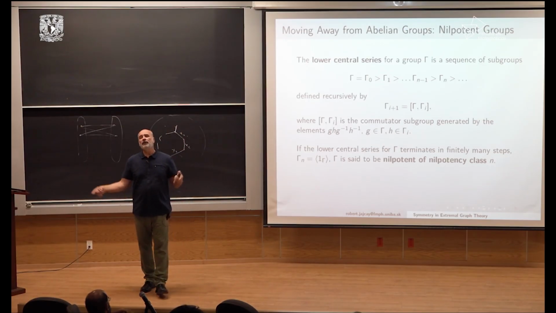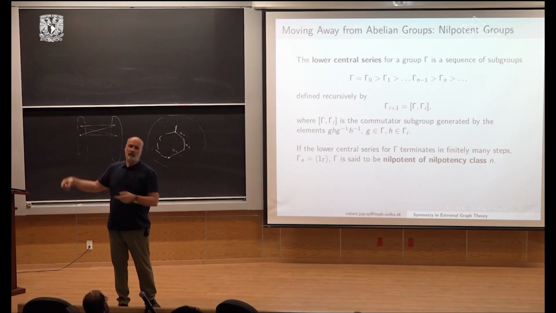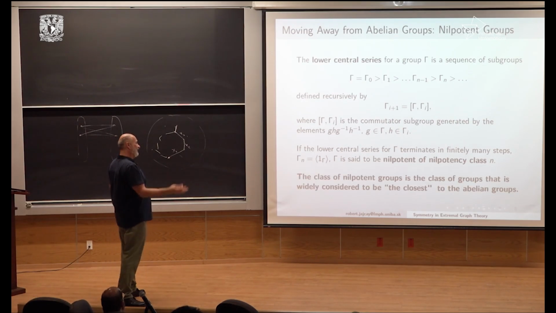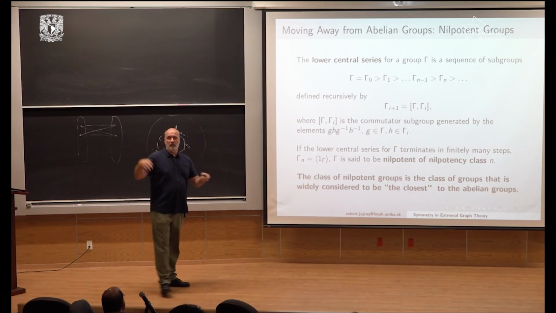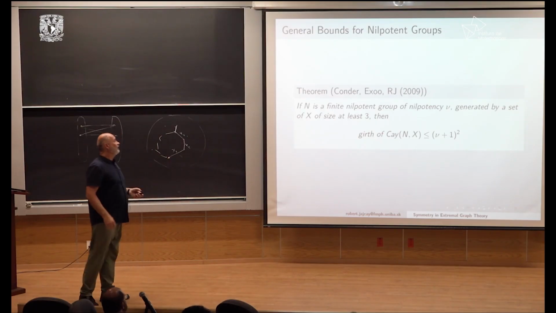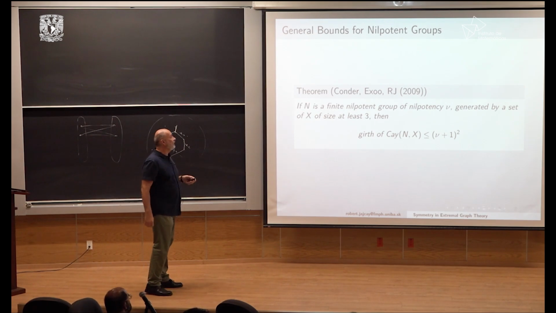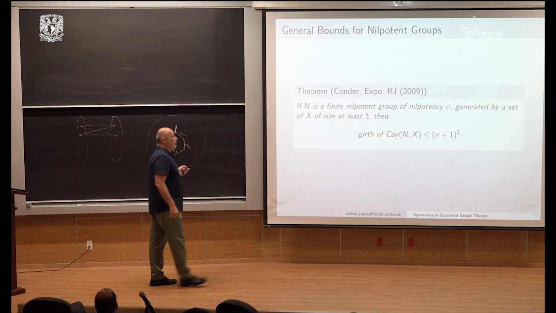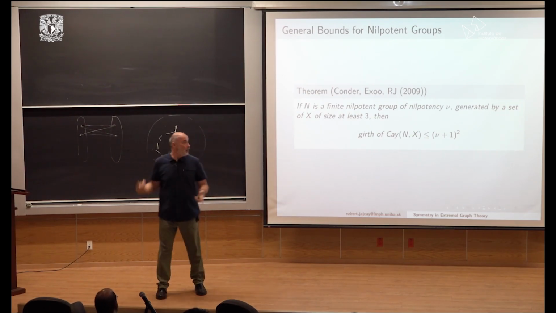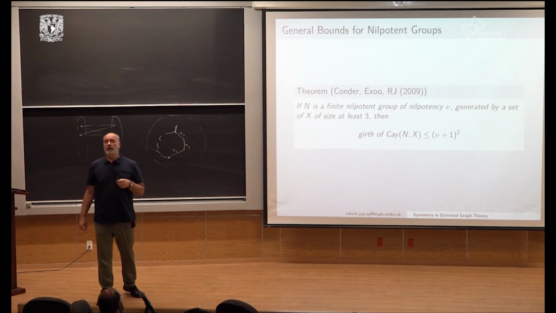And so that's called the nilpotency class. And the bigger the nilpotency class number, the further the group from being abelian for most people in group theory. Together with Marston Conder and Jeff Exoo, we were able to show that, sort of like the abelian case, if you know the nilpotency class, you have an upper bound on the girth of a Cayley graph.